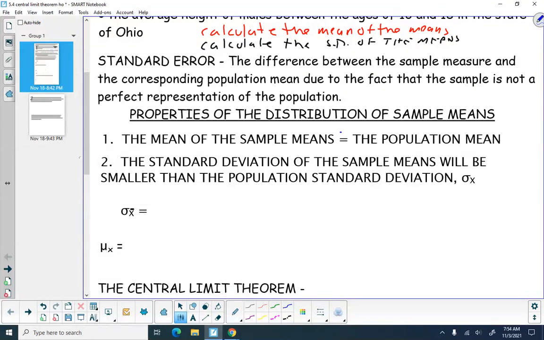This is the realistic world right here. But in the perfect world, the mean of the sample means will be equal to the population mean. The standard deviation of the sample means will be smaller than the population standard deviation.